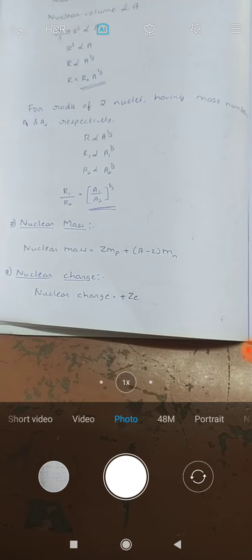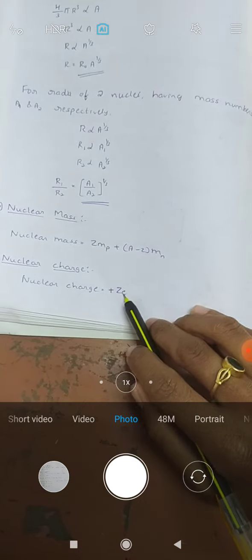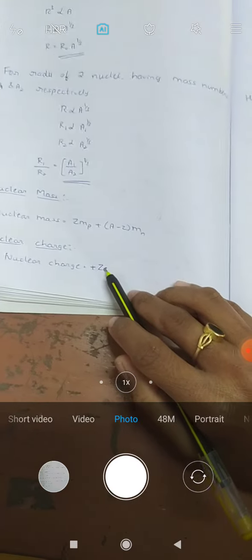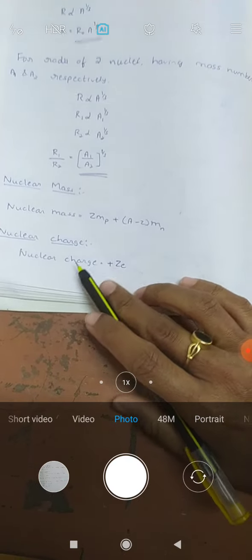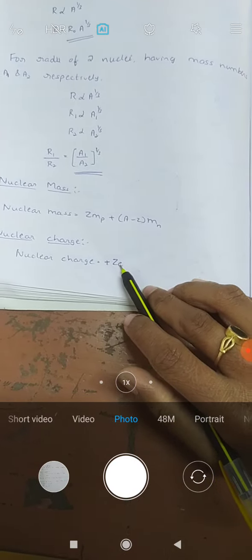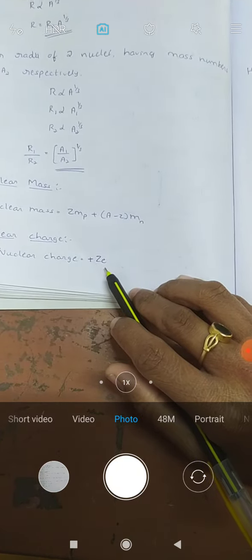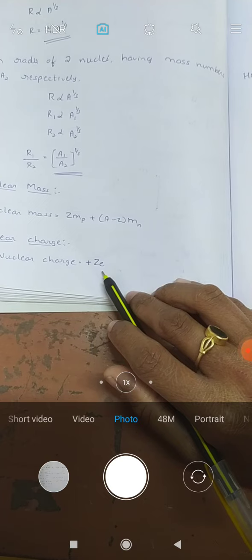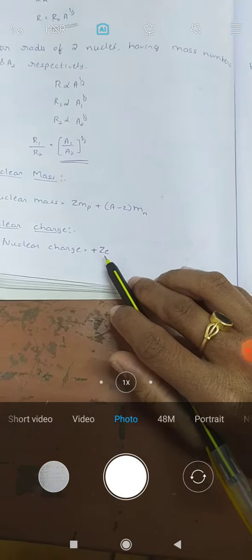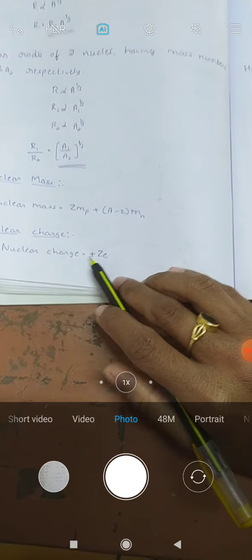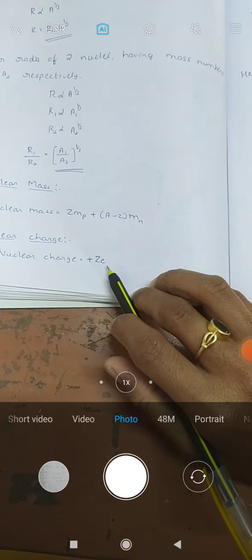Its expression can be written as nuclear charge is equal to plus Ze, where plus because the charge of the proton is positive, Z is the number of protons and e is the charge of each proton present inside the nucleus of the atom. This is the expression of the nuclear charge.